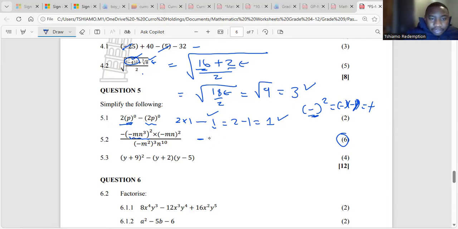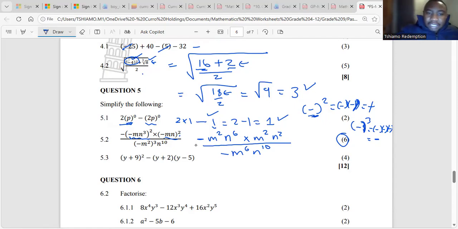What is m? m squared, squared. m cubed multiplied by 2, it will be m to the 6, multiplied by, same thing here. Because of the square and the negative, everything is going to be positive. Then here, because now it's a cube, if it's a cube, this means what? Negative, negative, negative. So the answer will be a negative. So here the answer will be a negative m to the 6 n to the power of 10.